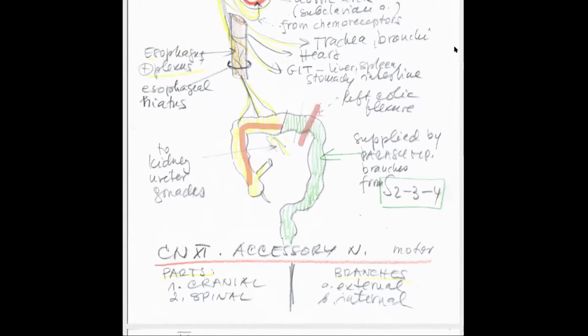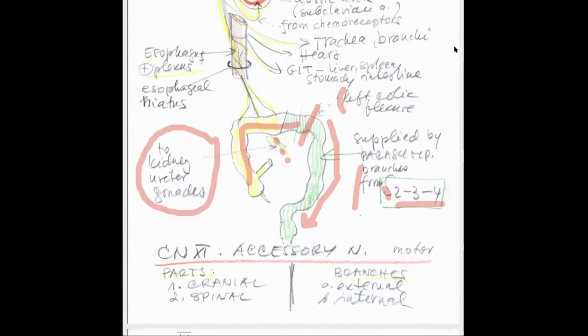There is a variety in the interconnection between the sacral plexus and the cranial portion of the parasympathetic system, but at the level of the left colic flexure, the descending part up to the rectum is supplied from the parasympathetic branches from the sacral plexus segments S2, S3, S4. Also, the branches supply the urogenital system, that means kidney, ureters, and gonads.